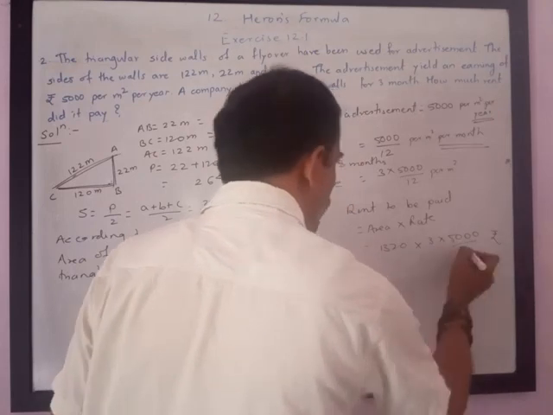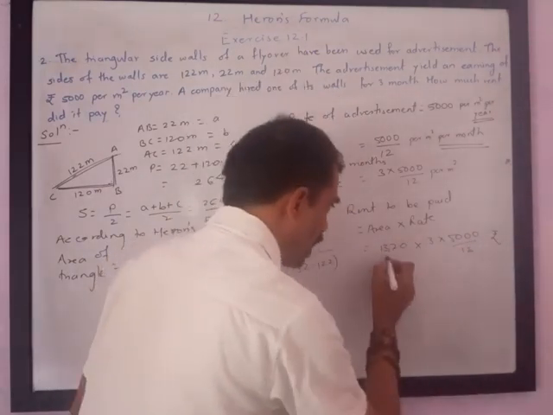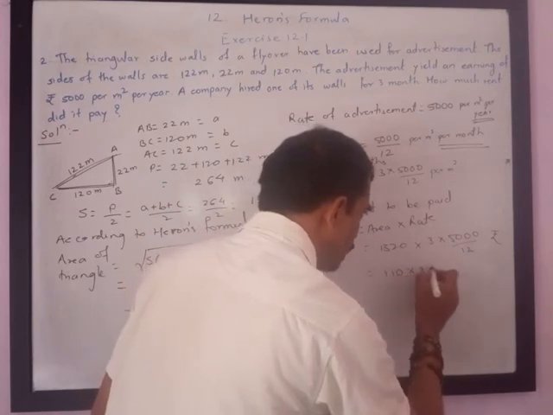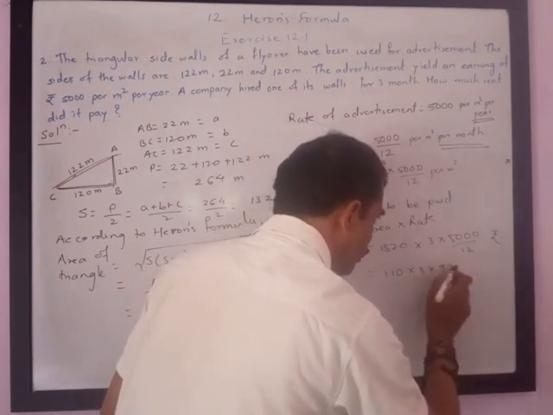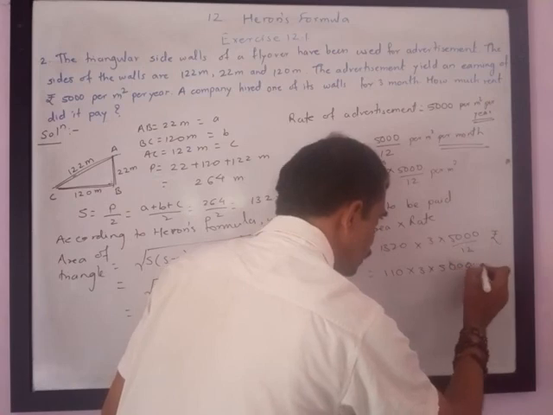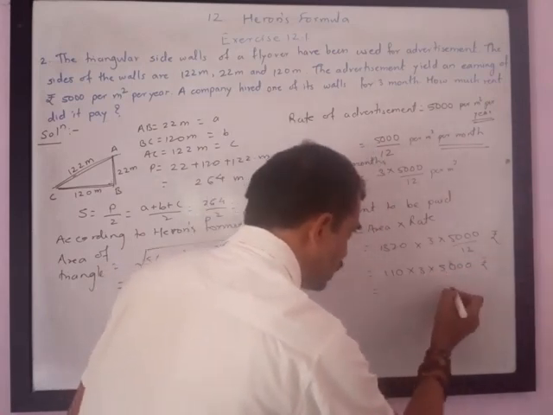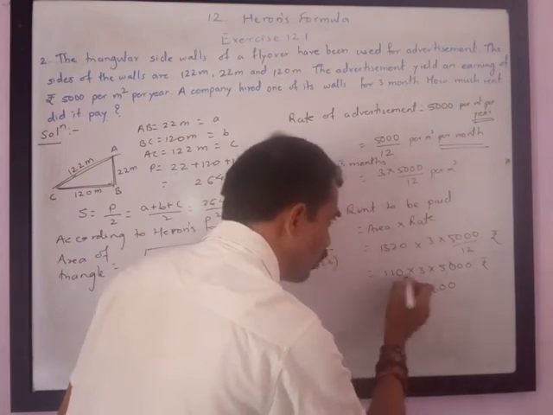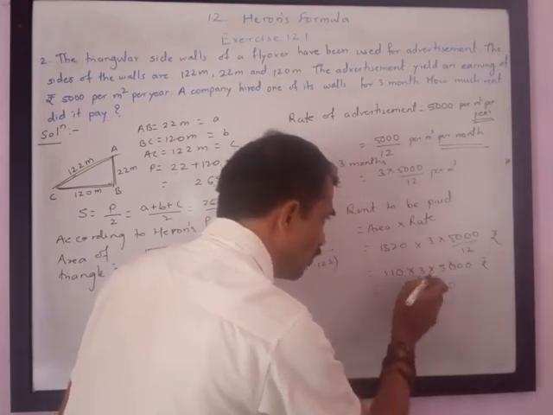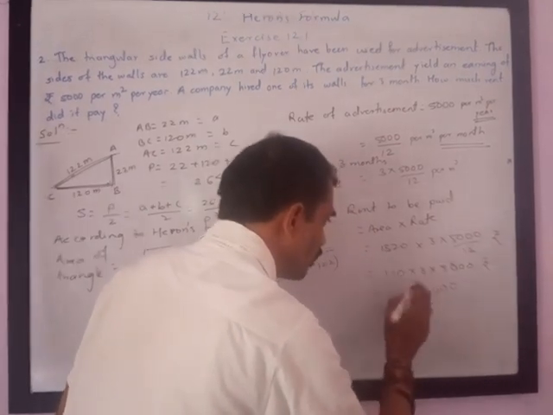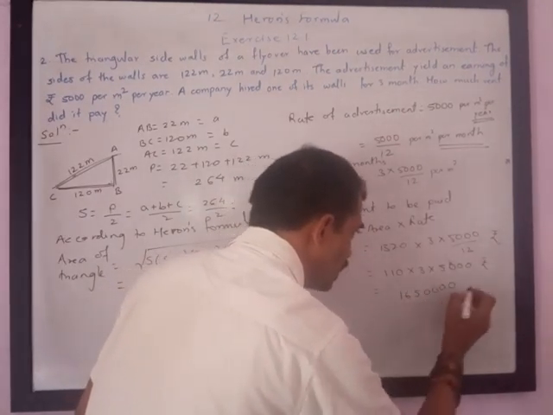So this is equal to 110 multiplied by 3 multiplied by 5000 rupees. So 3 5s are 15, 3 zeros as it is, fourth 0 also as it is, 3 5s are 15, 15 ones are 15, 1 carries, and 15 ones are 15 plus 1, 16 rupees.